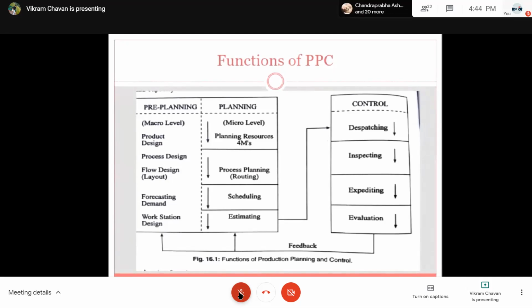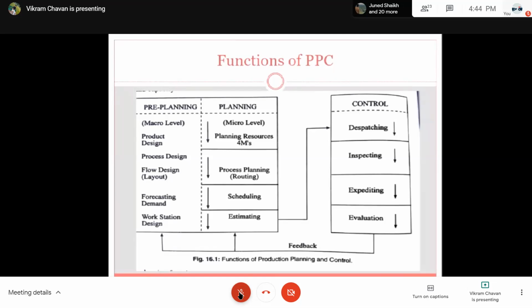Then we also consider the workflow, or the flow design. That is the plant layout: how the product will flow in the plant, or how the raw material will flow in the plant.